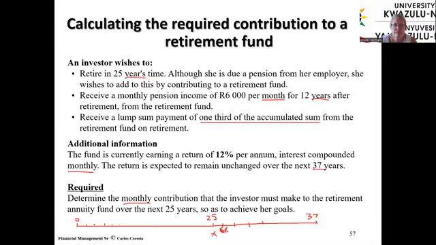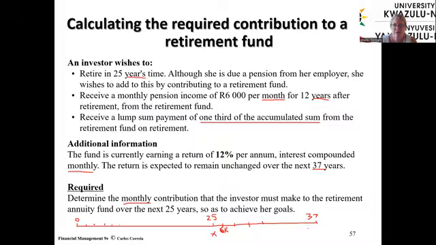Okay, so we're going to tackle this on a step-by-step basis. It's often better when you're working with PV questions to work from right to left. So let's deal with this stream of 6,000, this annuity stream of 6,000 receipts that she wants to earn.